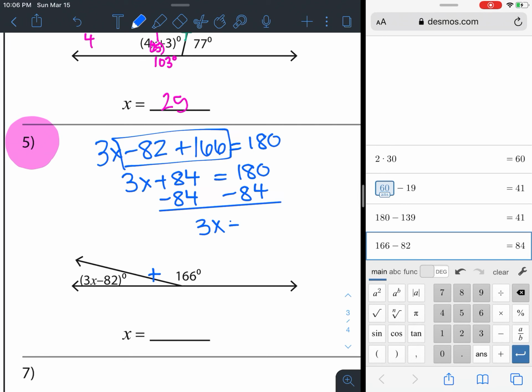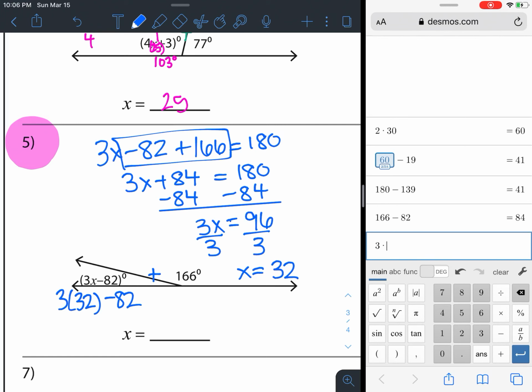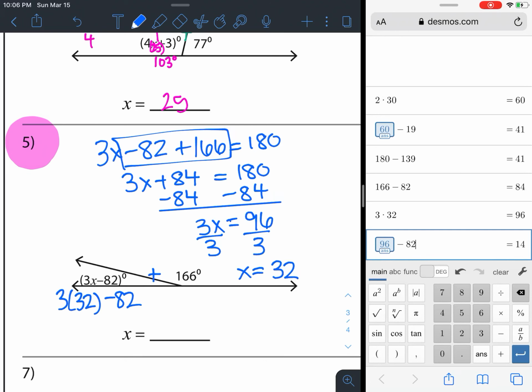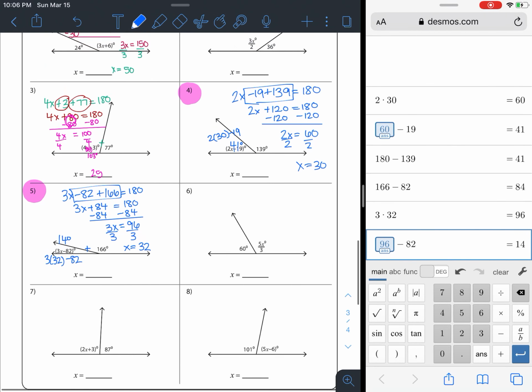So now 3x equals 96. Last step, divide by 3. So x is 32. So now to find this other angle measure, 3 times 32 minus 82. 14. That's it.